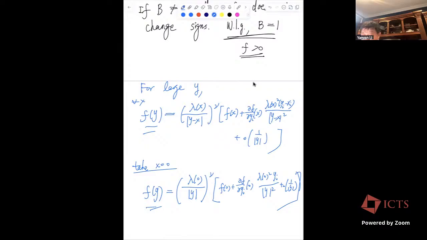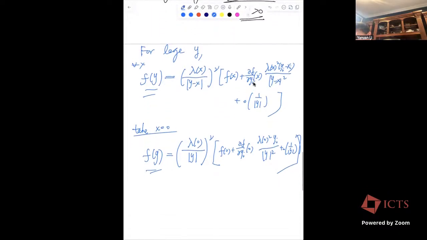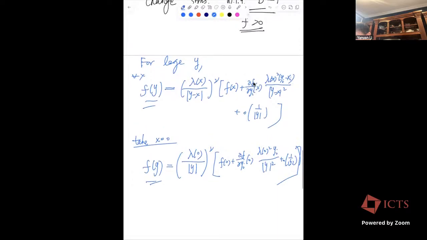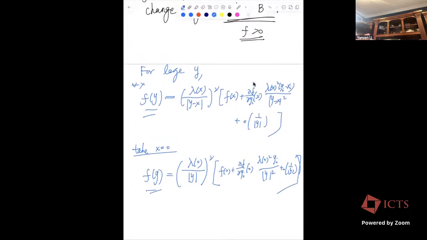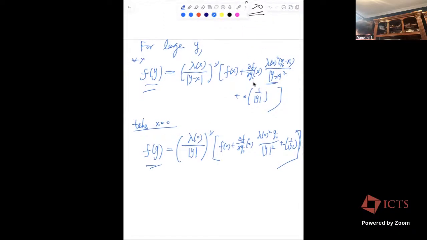So now what you can do is you can just expand. You can always expand, write everything in terms of 1 over y. For example, if you have 1 over y minus x, you can always write it as y over y minus x over y.